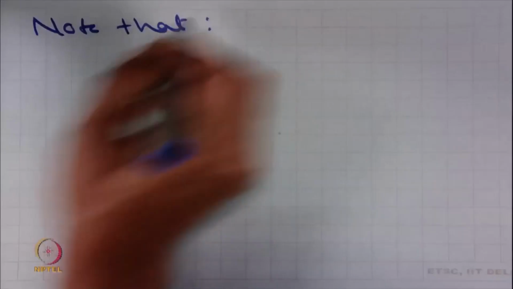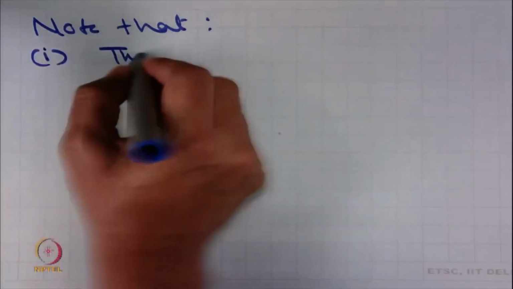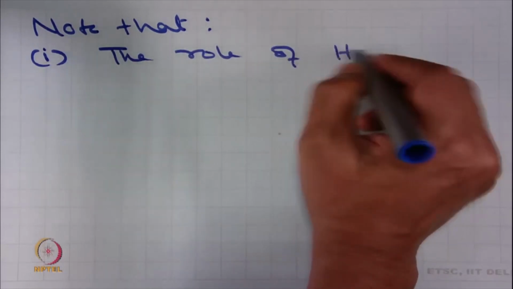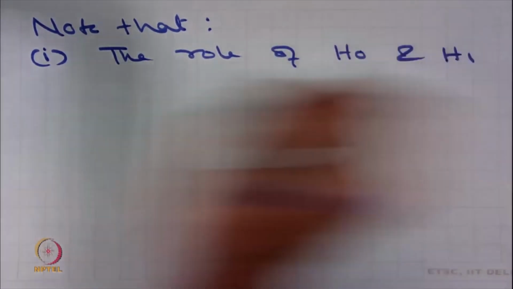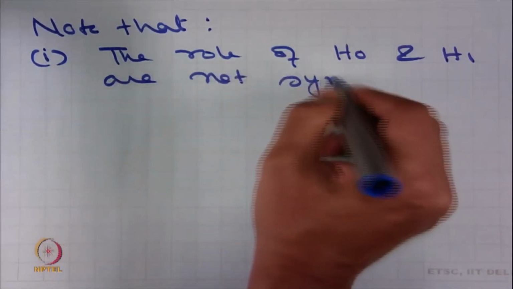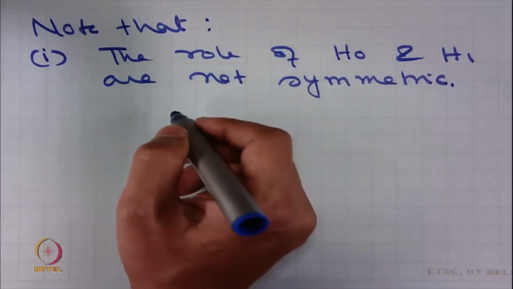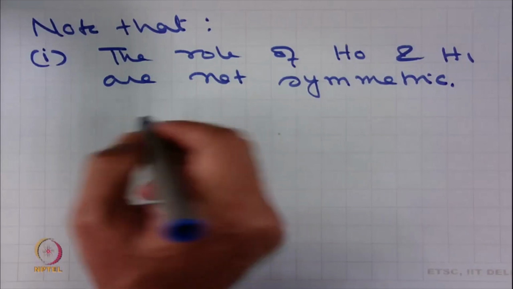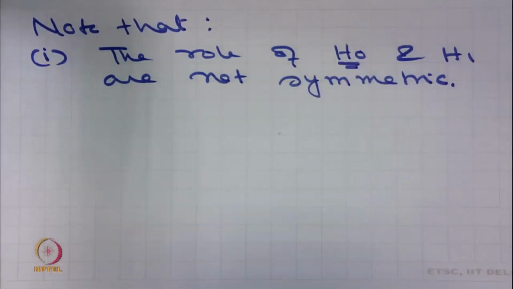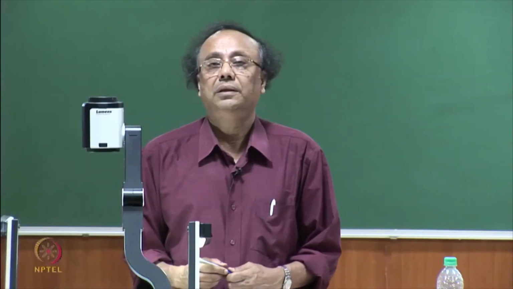Note that the roles of H naught and H1 are not symmetric. Our focus is on H naught, and we want to see if H naught is accepted or rejected when tested against the H1.